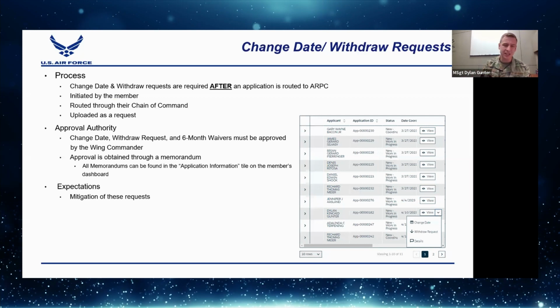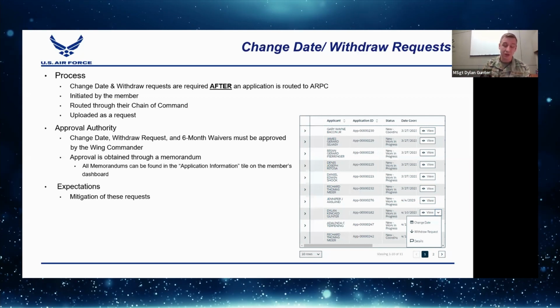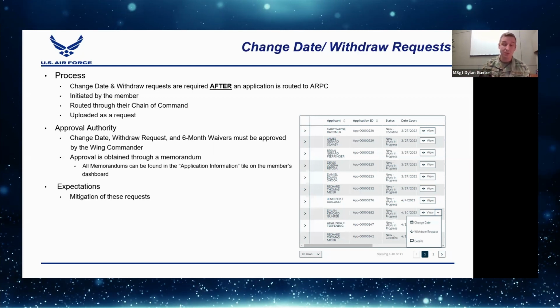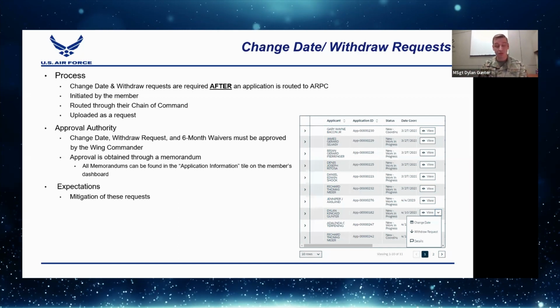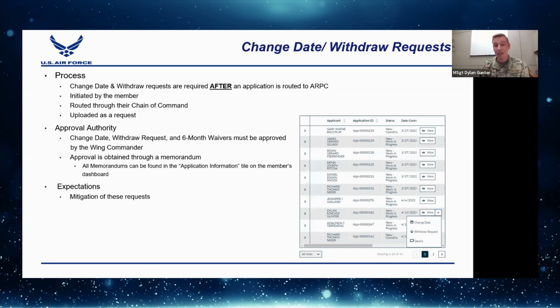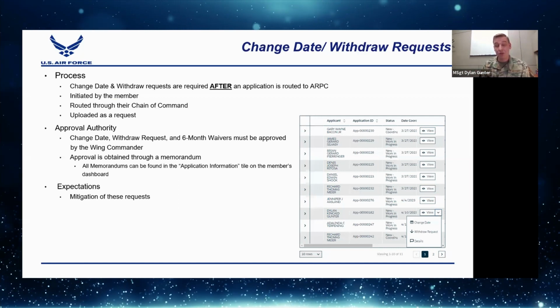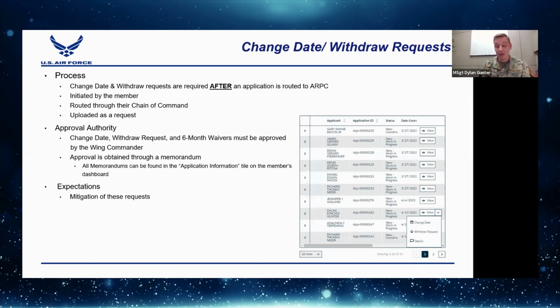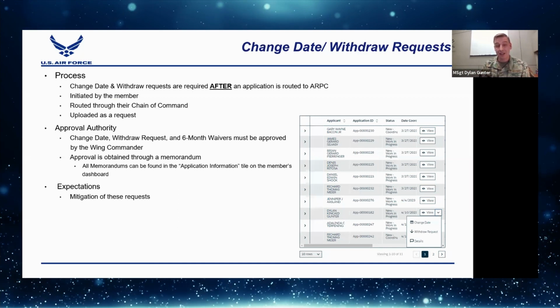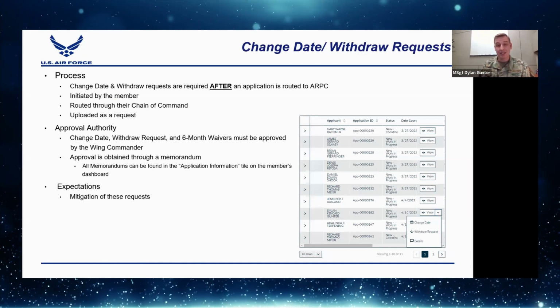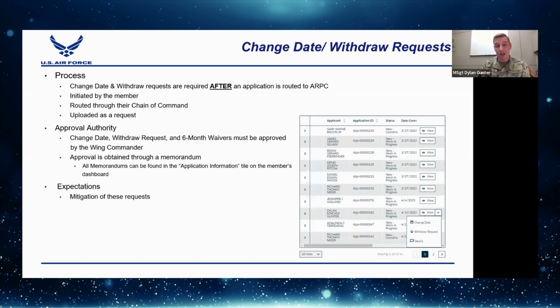And since I mentioned the 6-month waiver, I will let you know that if your member, someone that you are responsible for, submitted for a retirement effective date that is within 6 months, when you review their application process, in red letters beside that data field, it will say 6-month waiver required.